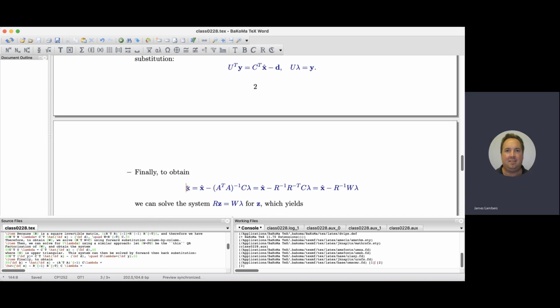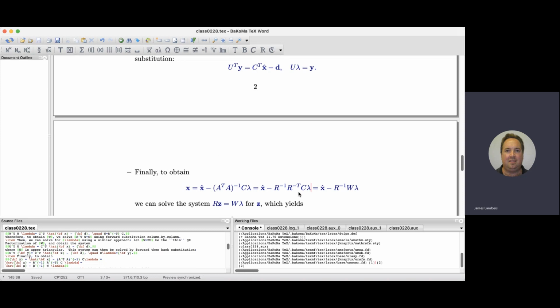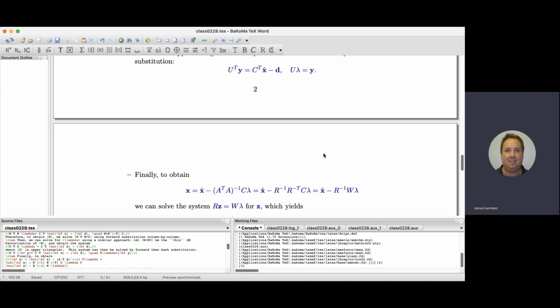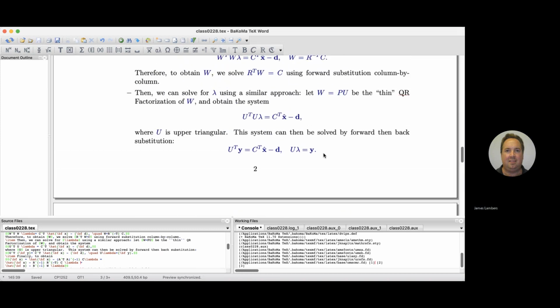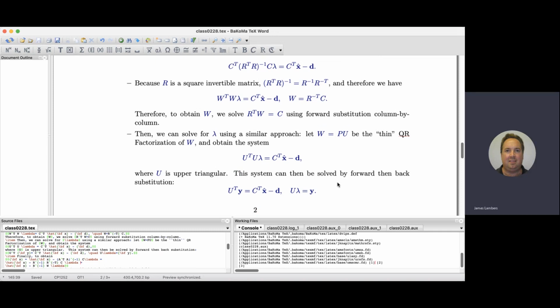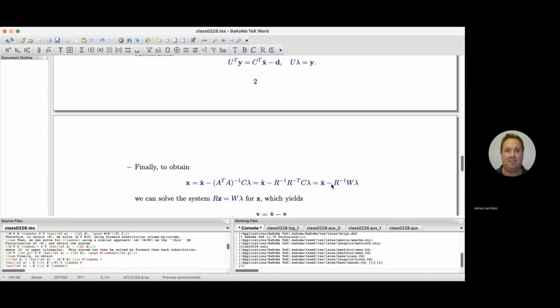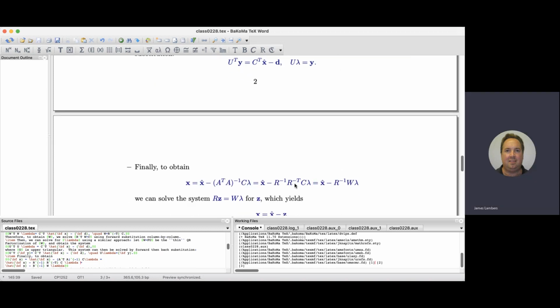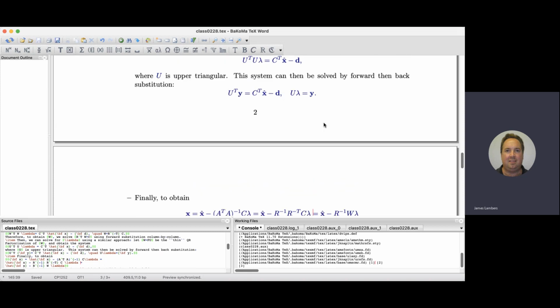So this is our original formula for x, but A transpose A is written in terms of R transpose R to get us this. But this right here is equal to W times lambda, and that comes from the various formulas that have been worked out here. R inverse transpose C, that was seen earlier.